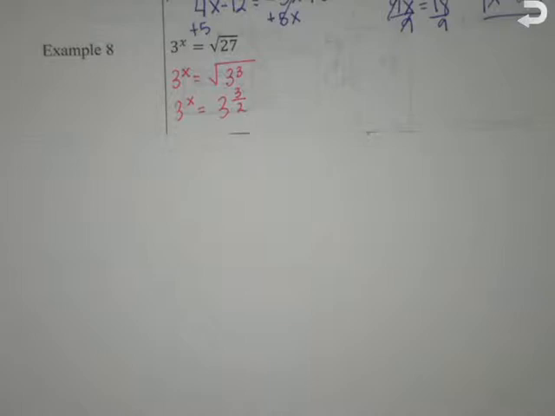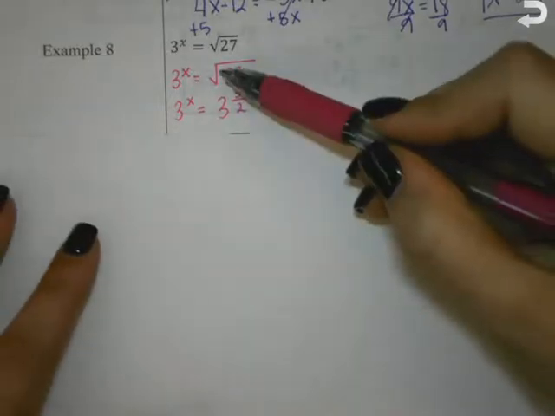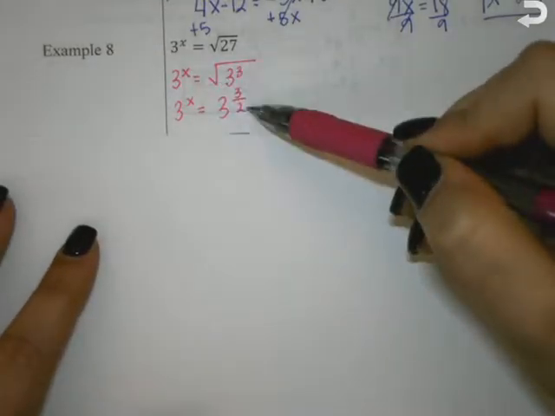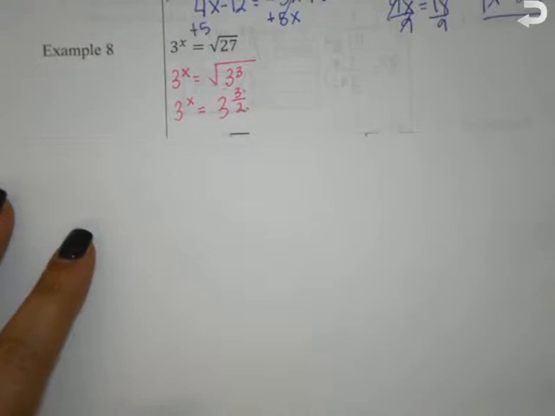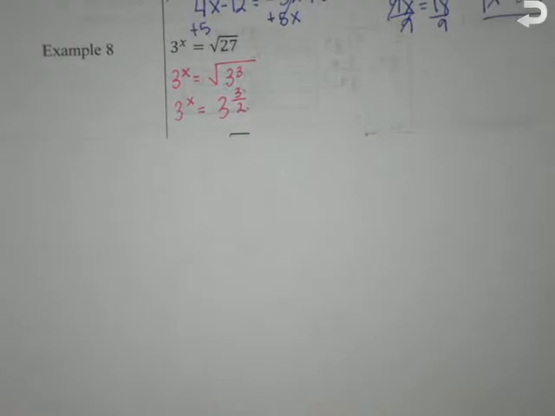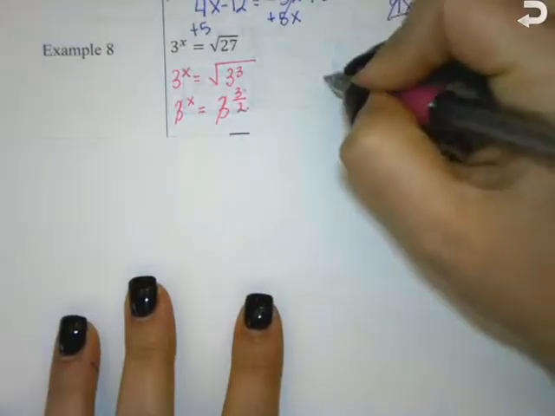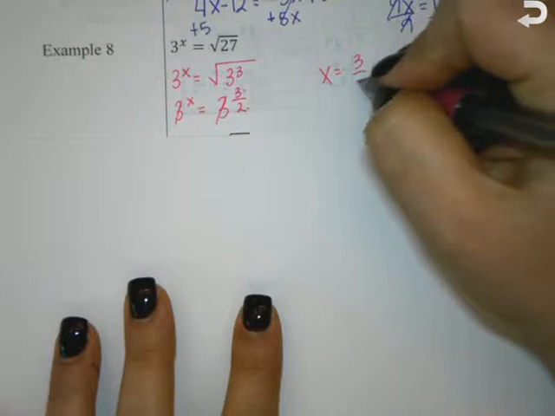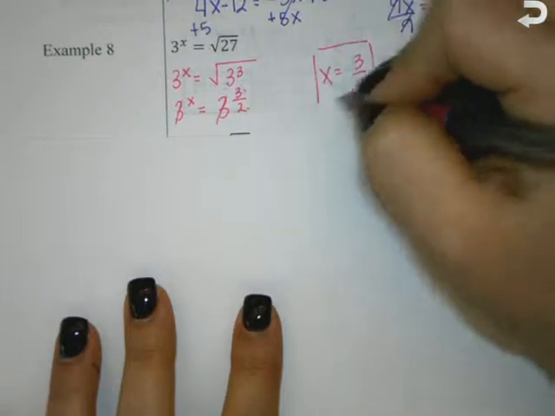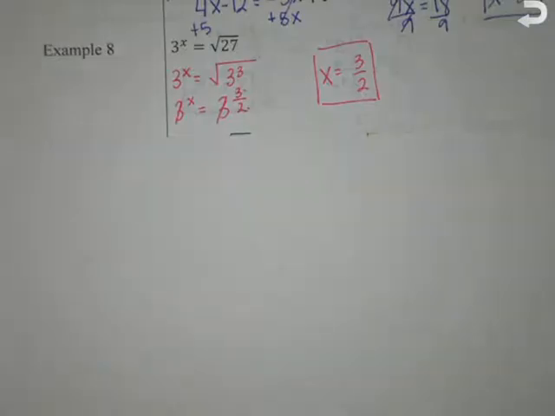So if you have a square root, whatever your root is, that's your denominator. This one is still your exponent. Now I have the same base, right? So drop the bases, and x equals 3 over 2. Okay. Most challenging one is number 9.